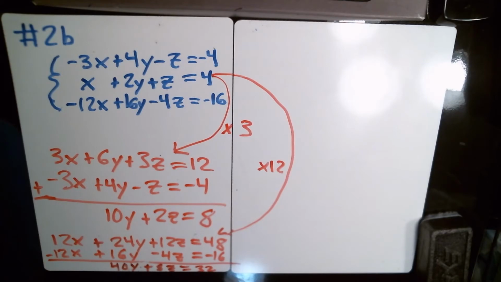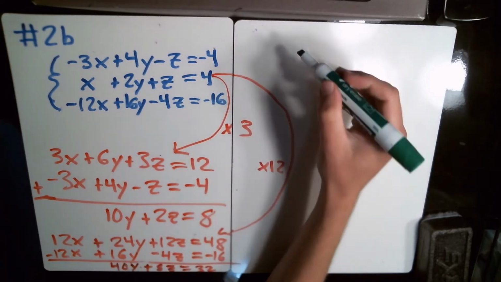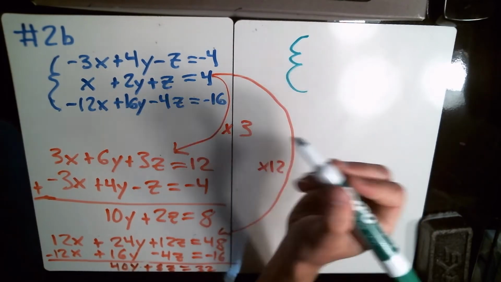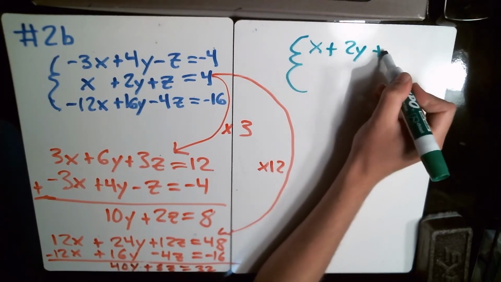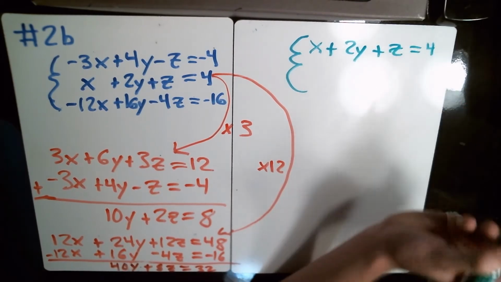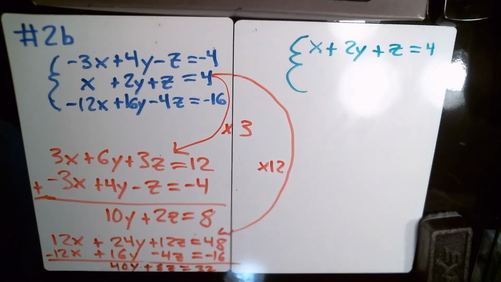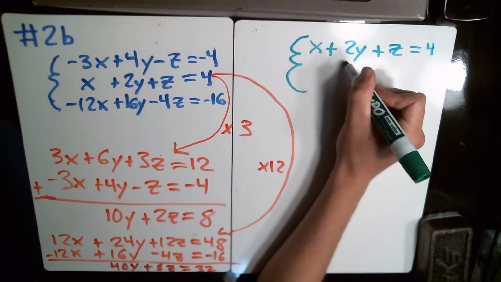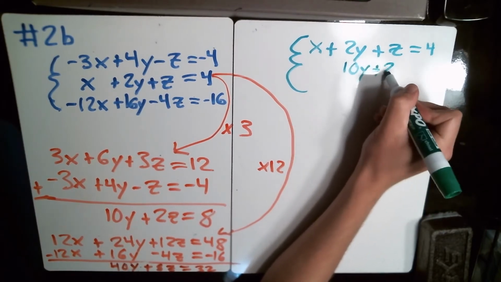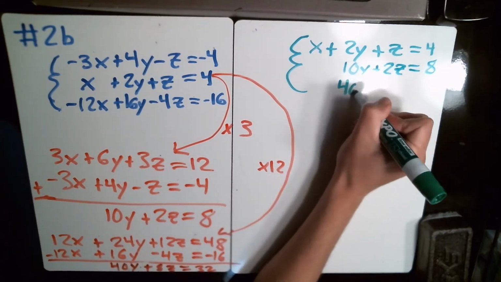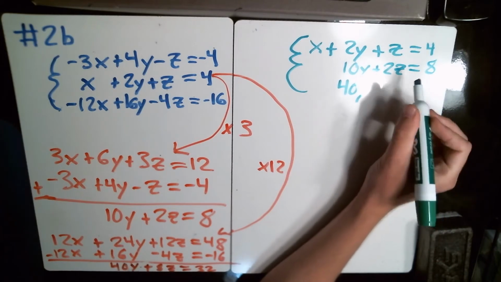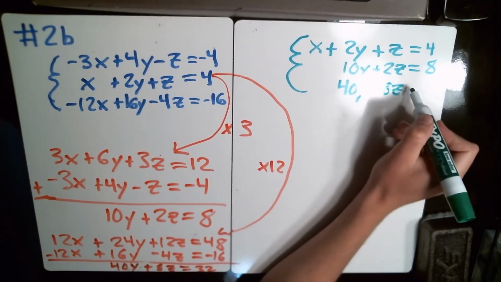So we were able to eliminate the x out of two equations. The system of equations we're left with is the equation we used to get rid of the x's, x plus 2y plus z is 4, and then the other two equations we ended up with were 10y plus 2z is 8, and 40y plus 8z is 32.